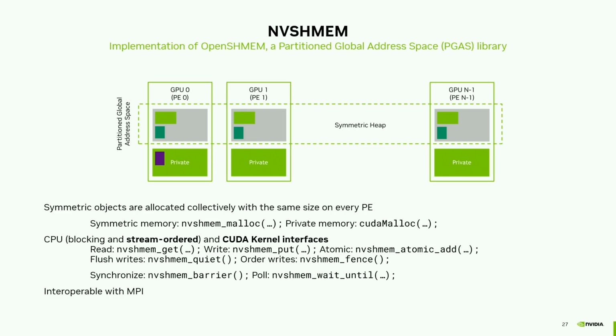So if something needs to communicate, it needs to be allocated with nvshmem_malloc to be accessible. And that nvshmem_malloc makes sure that the memory is properly aligned, registered with the network adapter, and set up for inter-process communication over NVLink, and so on, so that it enables one-sided communication.